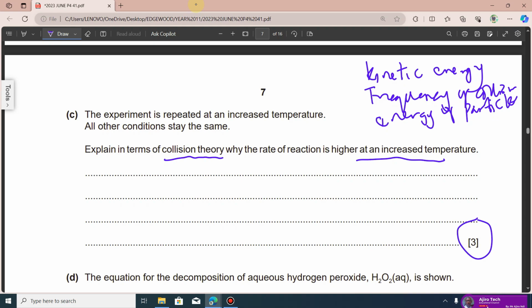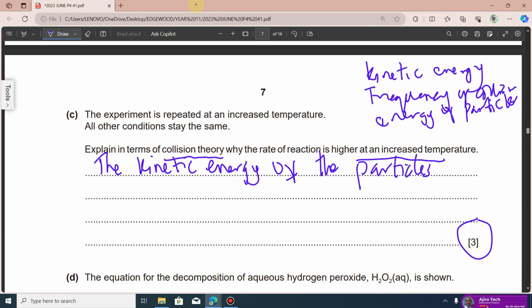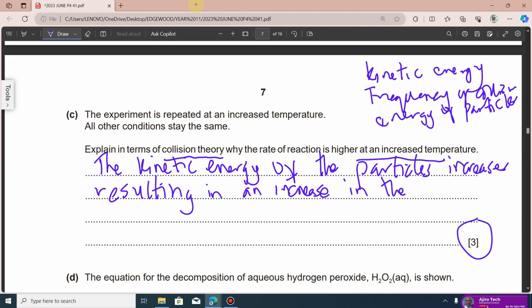So at an increased temperature, what happens is that the kinetic energy of the particles increases, resulting in an increase in the frequency of collisions of the particles.